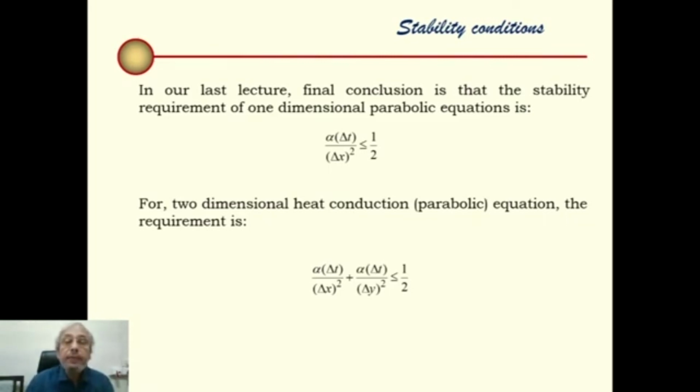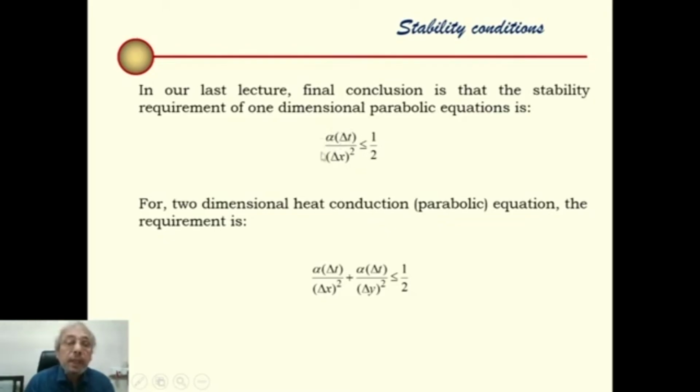And finally, from there, our conclusion is that the stability requirement of a one-dimensional parabolic equation is alpha delta t by delta x square less than or equal to half. This alpha is thermal diffusivity. In case of momentum transport, it will be molecular diffusivity or viscosity.